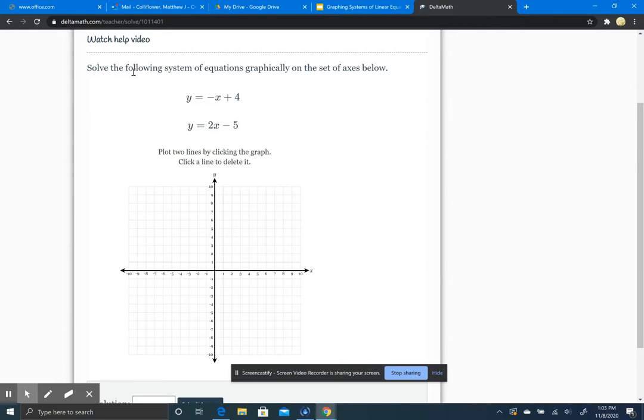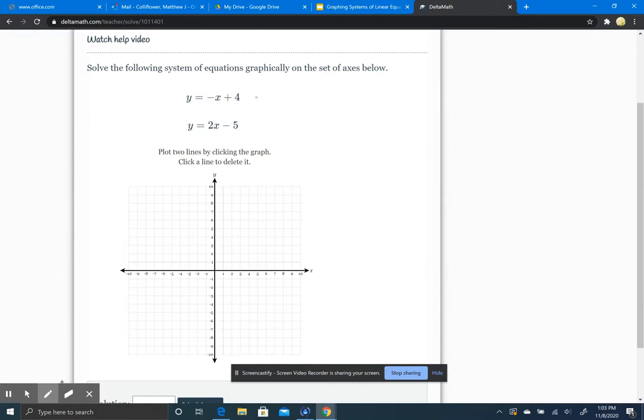So here we have a system of equations and we want to solve it by graphing the system on the coordinate plane. So just like last time, we're always going to start by graphing our y-intercept.